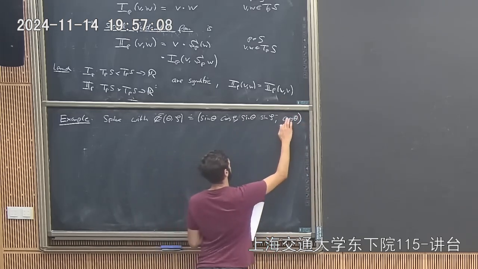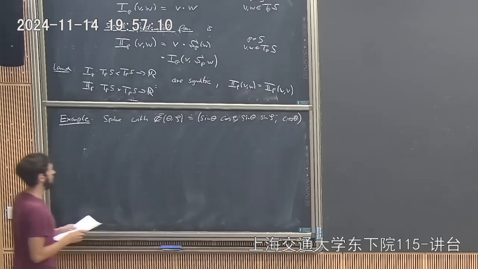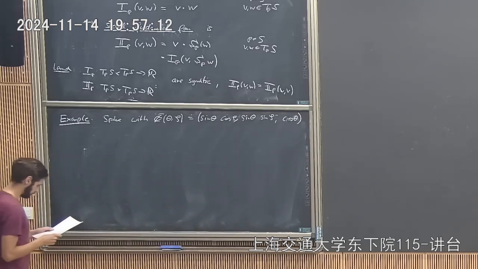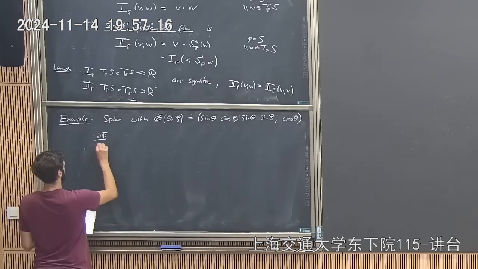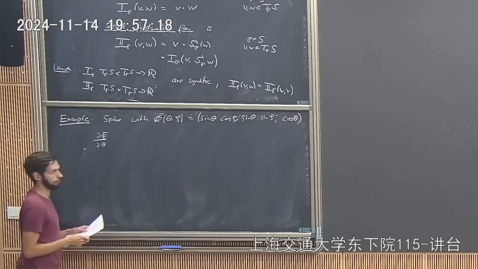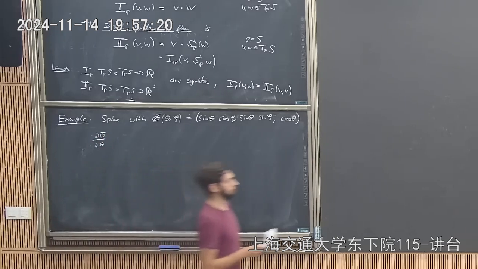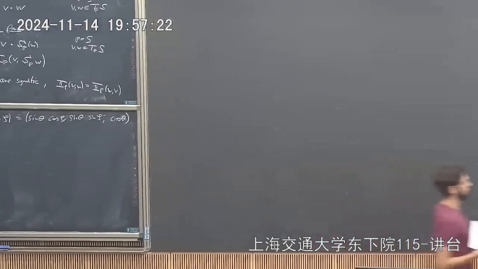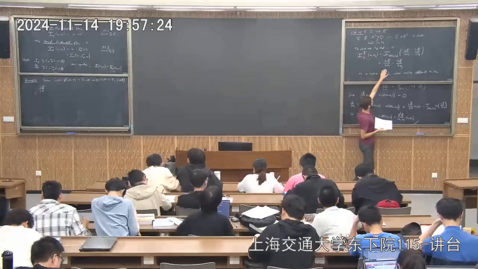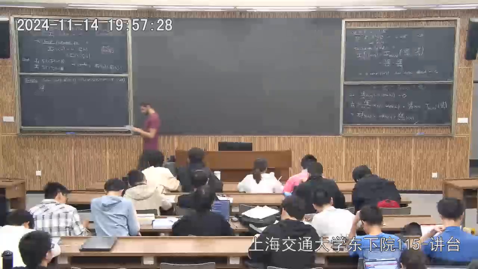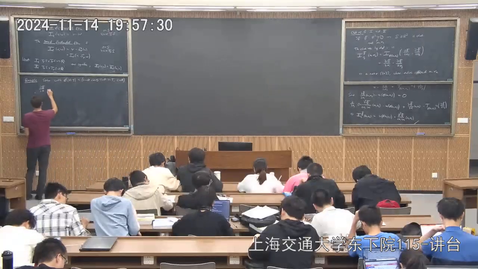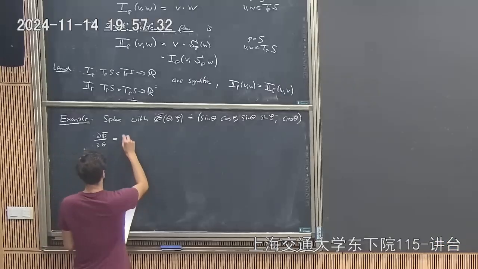So it gives you a nice chart. In order to calculate the first fundamental form, we have to take the derivatives with respect to both of these coordinates, because we need these two vectors.